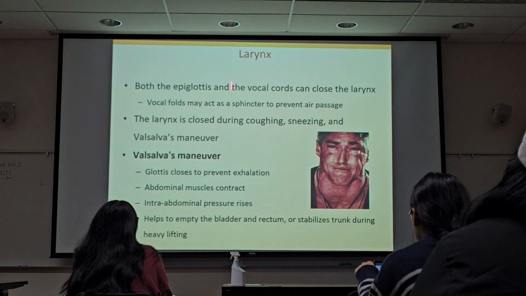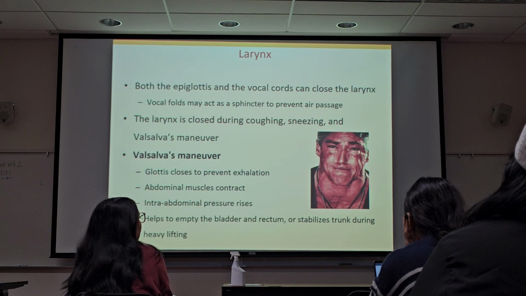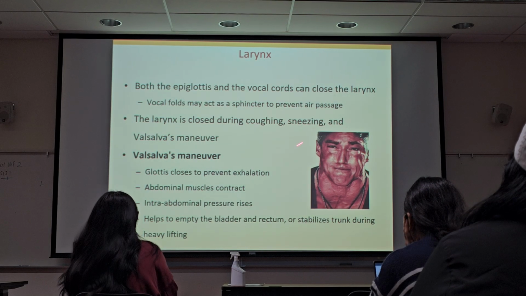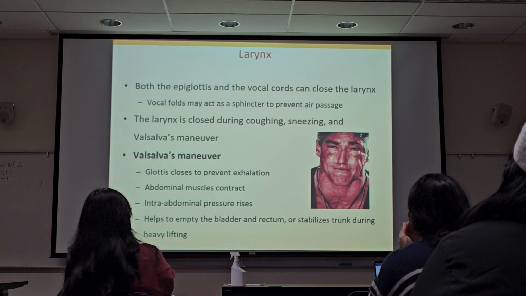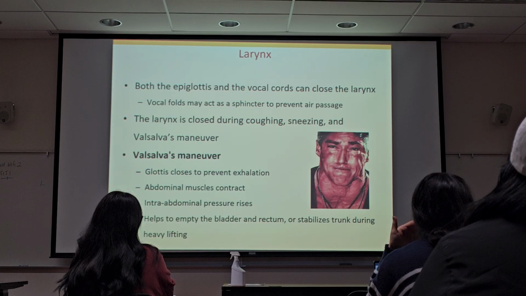And when we do that, that's the Valsalva's maneuver. There are many points in life that we perform the Valsalva's maneuver, to build up pressure in the thoracic cavity without letting any air move, closing the glottis.